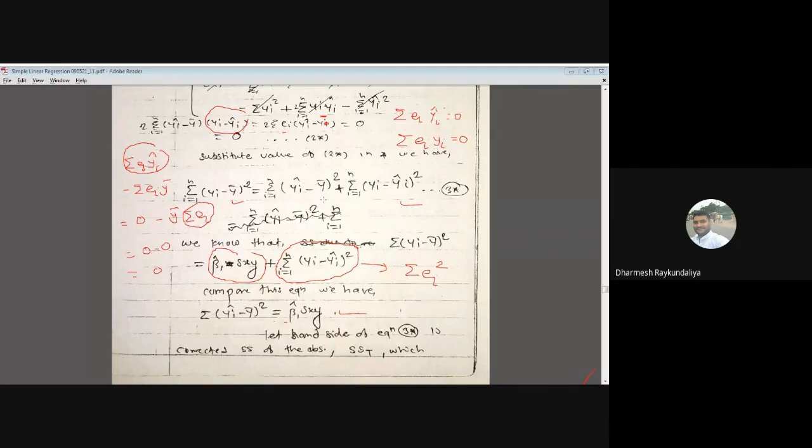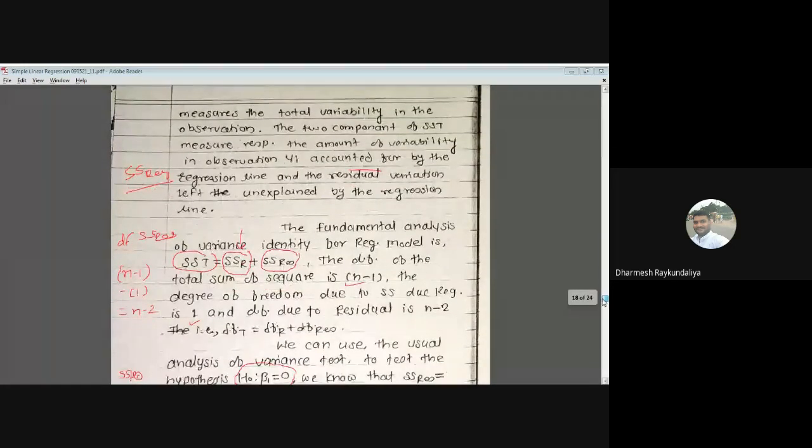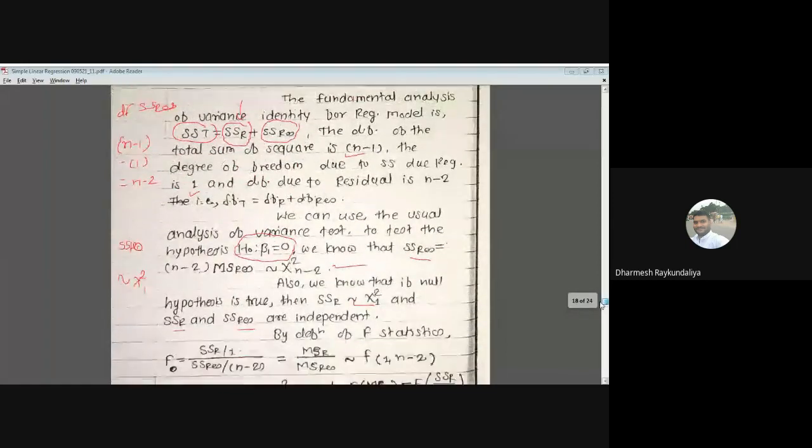This belongs to the estimation part and this belongs to the error part. So the sum of square due to regression is associated with the estimation part and the sum of square due to residual is associated with the error part. Estimation space and error space are orthogonal.